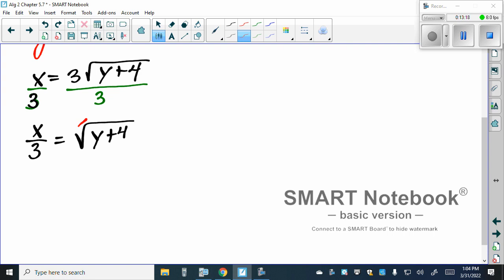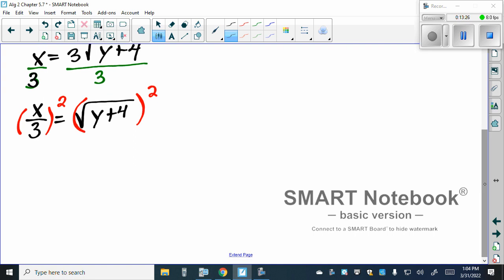Now we can square both sides. And luckily, when we square a square root, they simplify out. X divided by 3 squared would be x squared over 9.